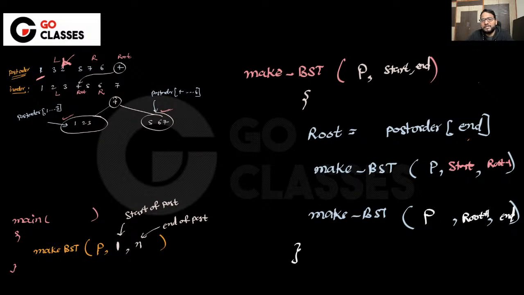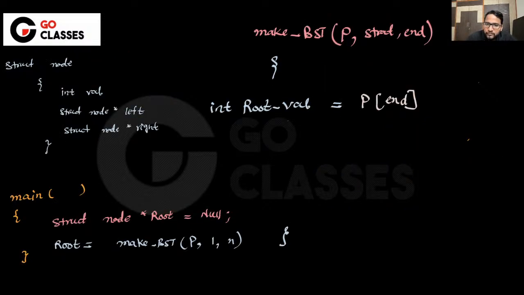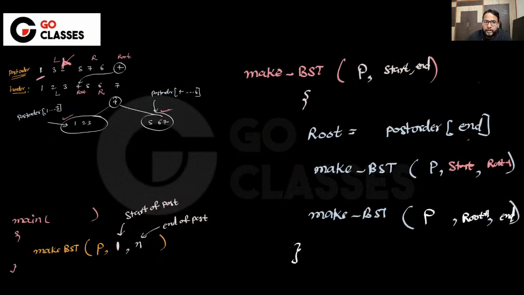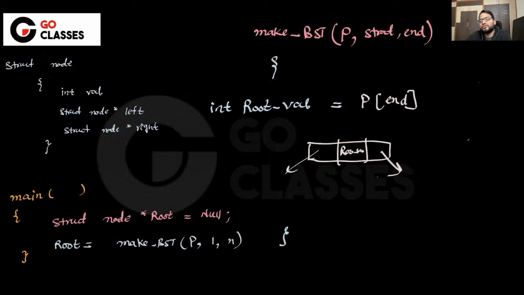I will make this a root, which means I will create a node. Till now I've been dealing with integers, but now I will create a node which has this root value as its value, and left and right subtrees pointing to something. So I just have to have some node basically.